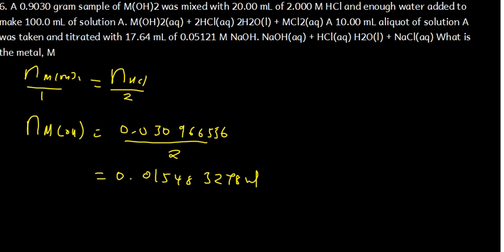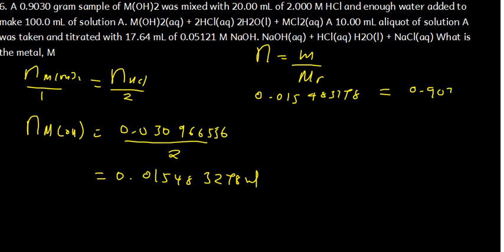And then from the reaction itself, since we've already found the number of moles, and we've been given the mass, we can determine the molar mass. So number of moles is given by mass over molar mass, and we know that this is supposed to be the same number of moles of this compound. So we are saying the number of moles is 0.015483278, and this should be equal to the mass, 0.9030, over the molar mass, which we don't know.